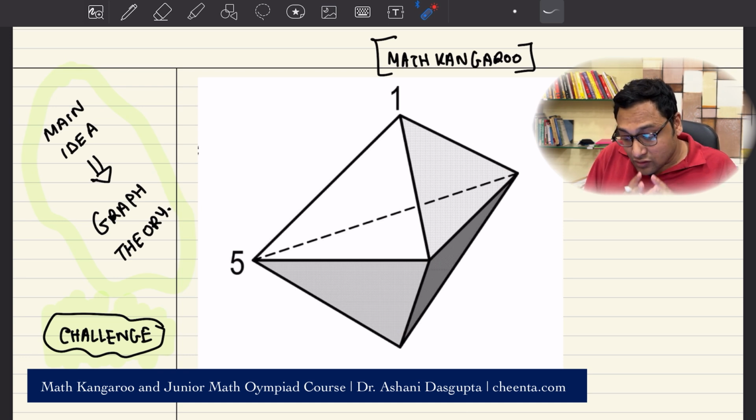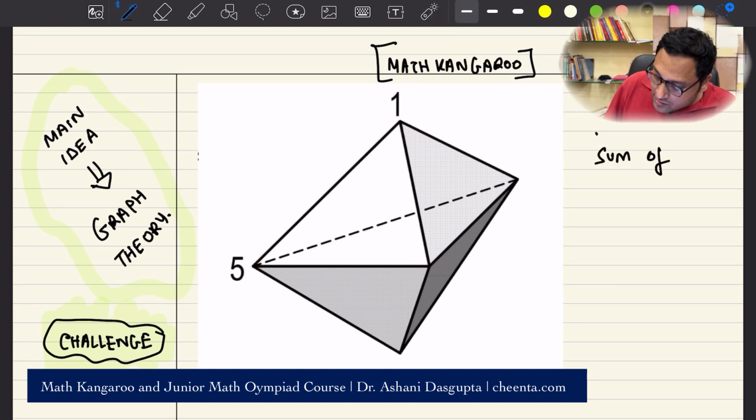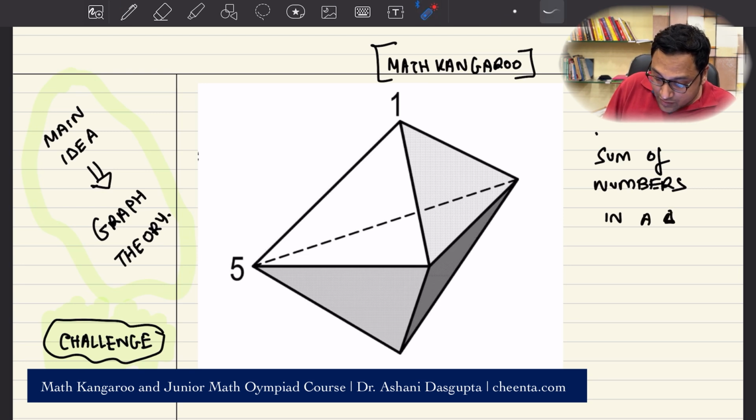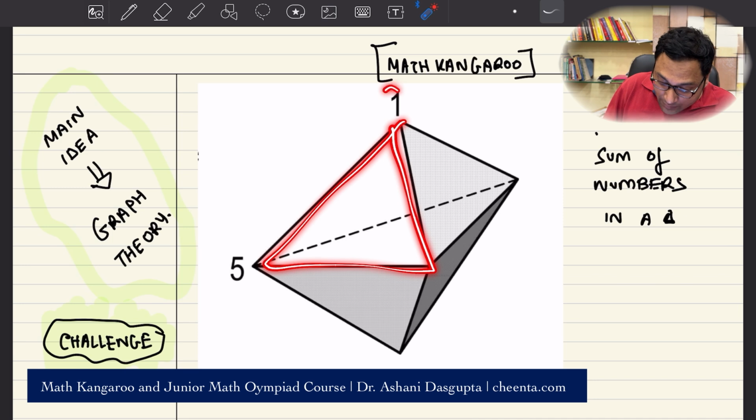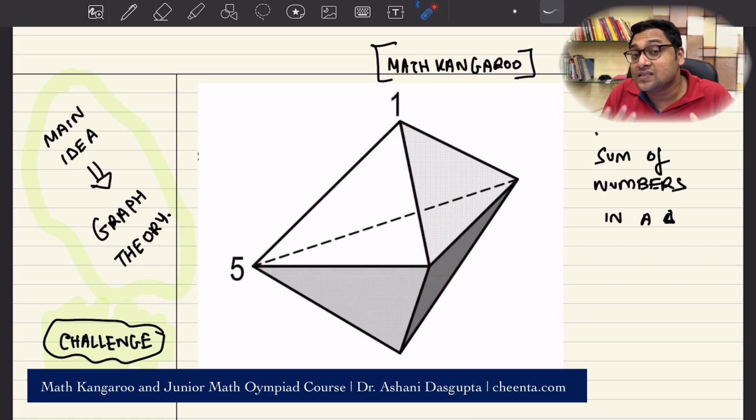Now, it's also given that the sum of the numbers at the 3 vertices of every triangle, the sum of numbers in a triangle, is a constant. So let's suppose you have this particular triangle. Then the sum of these 3 numbers, this one is not written down yet, the sum of the numbers in the vertices is a constant.